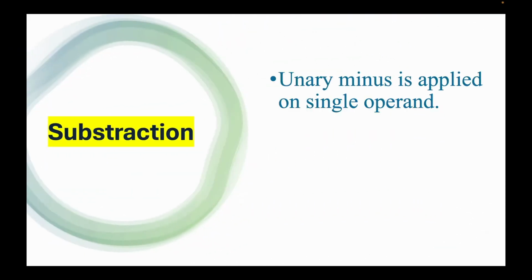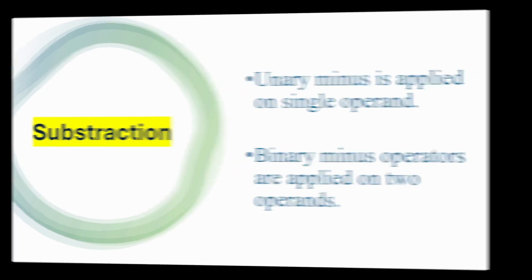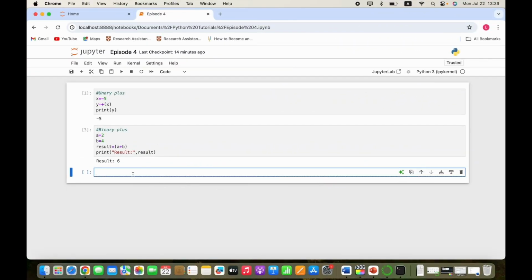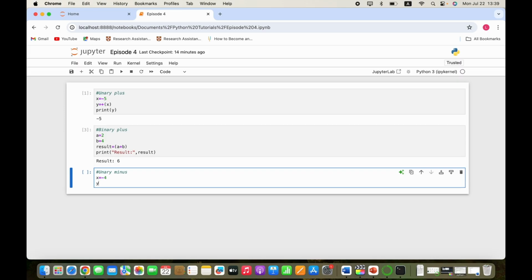The next is subtraction operator, and unary minus operator is applied on single operand, whereas the binary minus operators are applied on two operands. Now let's see some example. As unary minus, we're going to do similar to the unary plus, so x equals -4, and y equals minus x.